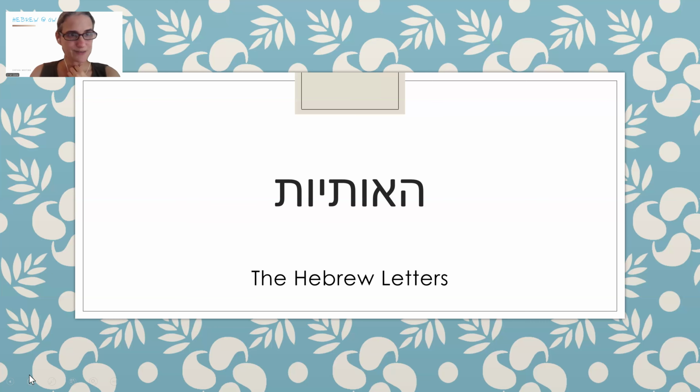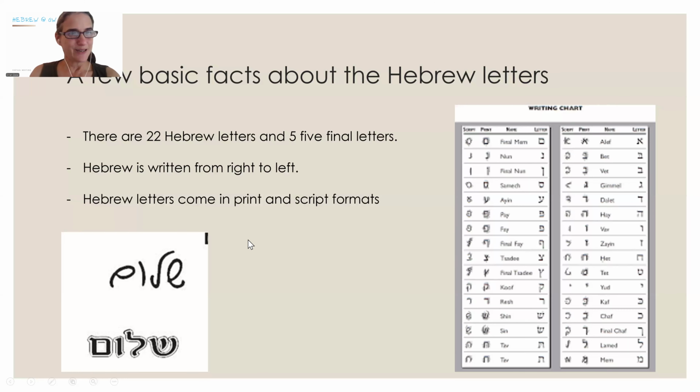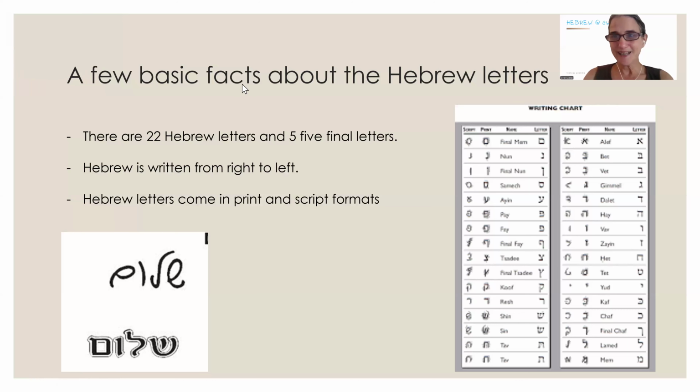So the Hebrew letters, as you may know, we have 22 Hebrew letters. 5 of them also have final forms, meaning that they will have one form in the beginning or middle of the word, and if they appear at the end of the word, they'll have a different form.